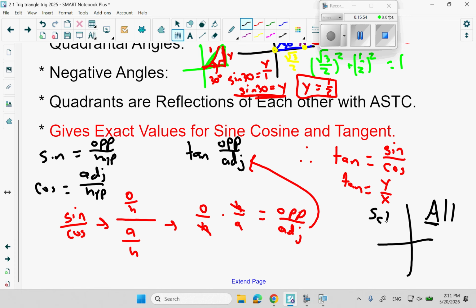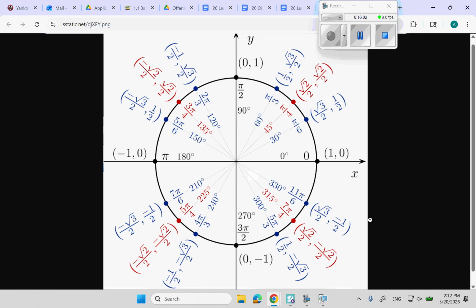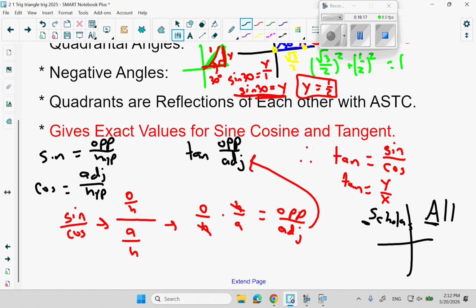This would be scholars. S is for sine. Sine is positive over here. If I look at it, my x values, which represent cosines, are negative. And I would do y divided by x for my tangent. A positive divided by a negative would give me a negative value. So sine is the only thing positive there.